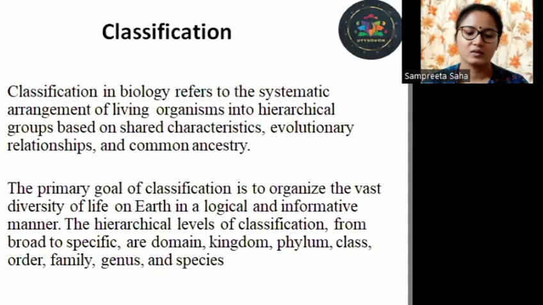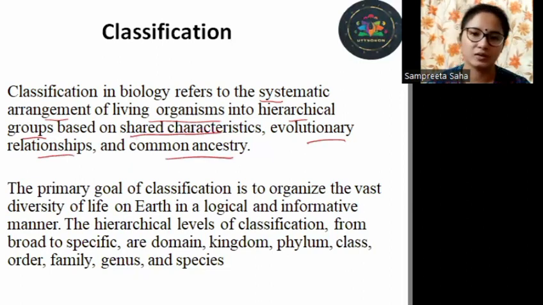And next, we have the component classification. Classification in biology refers to the systematic arrangement of living organisms into hierarchical groups. There are different groups into which we segregate different organisms based on shared characteristics, evolutionary relationships, and common ancestry.